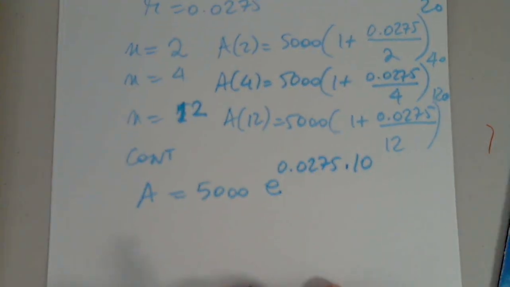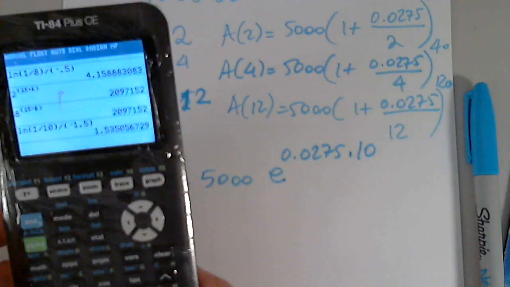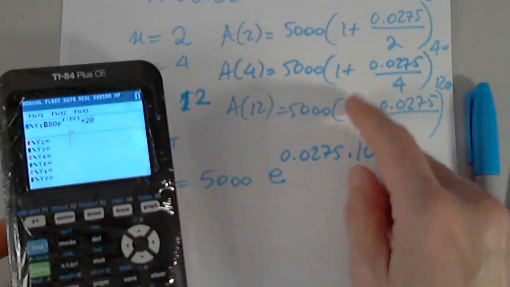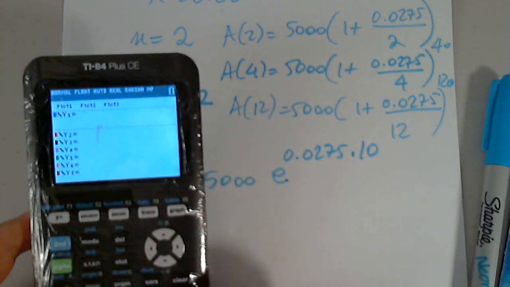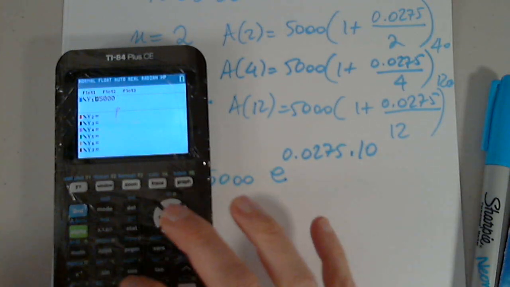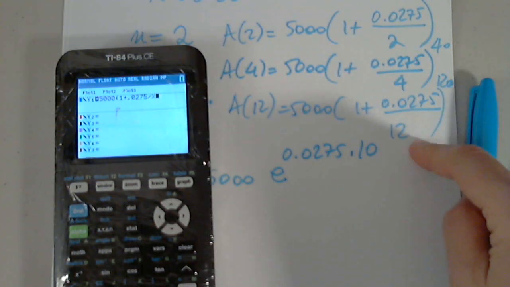0.0275 times 10. What I like to do, I don't like to punch in this. I like to punch in a function. For this one, I have no choice. But for these three, I like to put in a function like 5,000 in parentheses 1 plus 0.0275 divided by x, because x is the one that changes from 2 to 4 to 12.